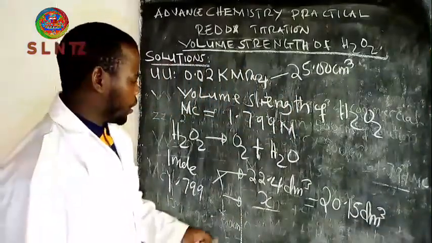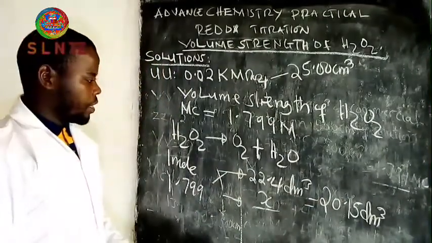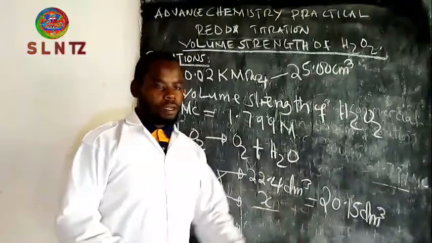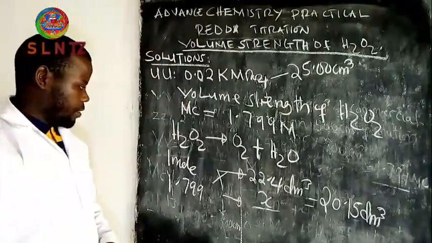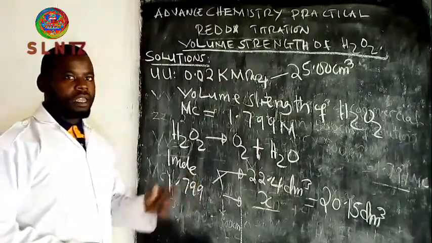So, according to this answer, the volume strength of hydrogen peroxide is 20.15. And that is how to calculate volume strength in one way.